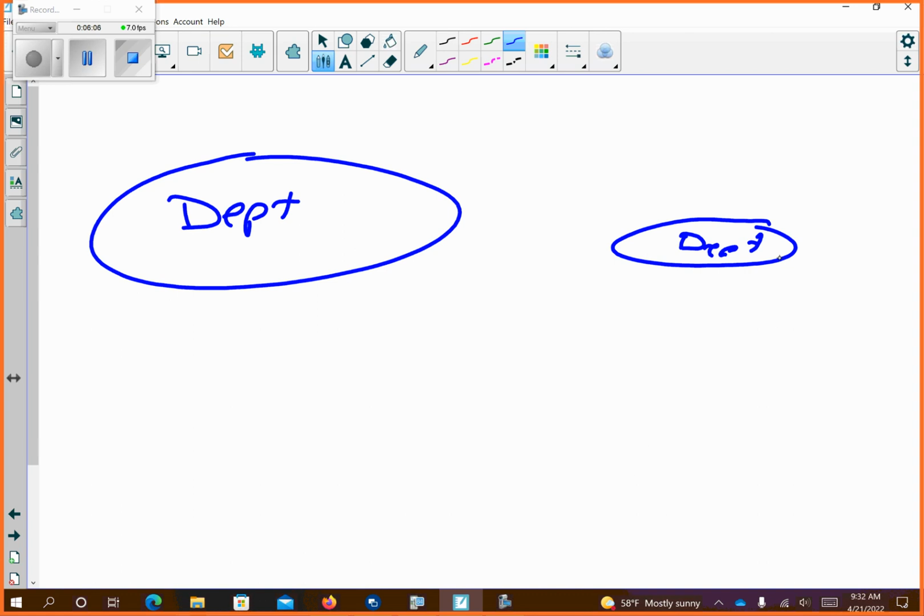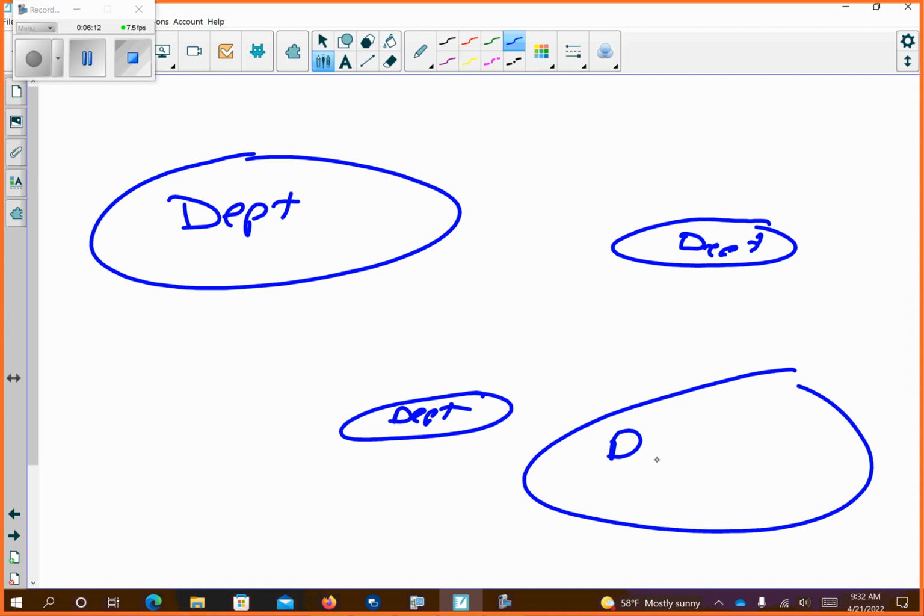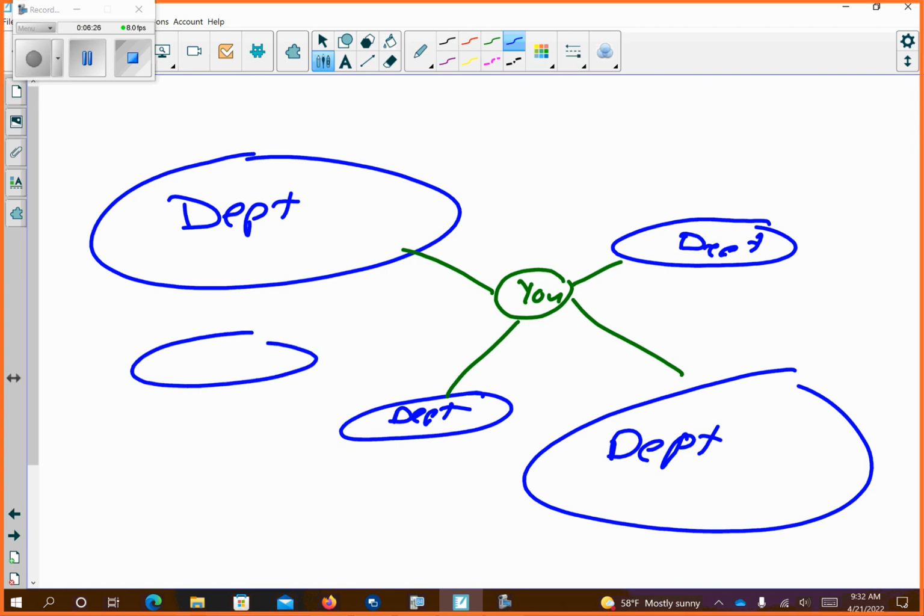There are certain debts that you need to owe. And I'm making these different size balloons because we're talking about the amount of money. And then you have you in the middle. And you have lots of ways that you have rung up some sort of debt. Now, this is a debt.